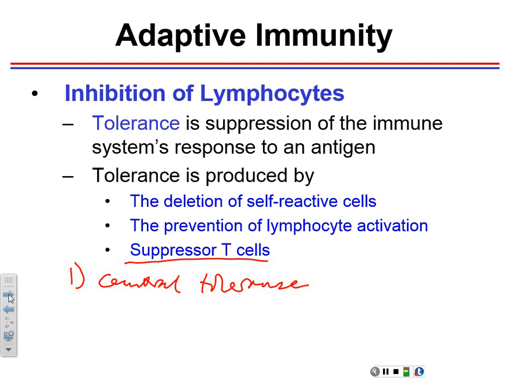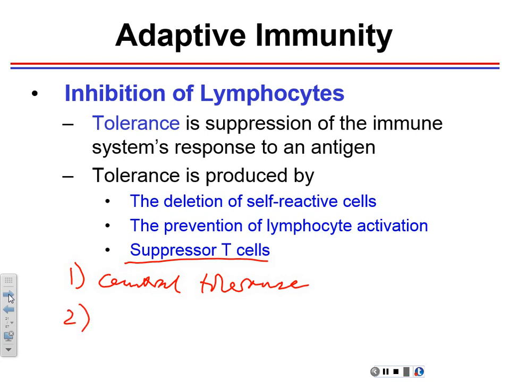So it's going to make mistakes, but the body will recognize those cells that might attack self-antigens and it will destroy them. Okay, so that's negative selection, right? That's occurring in the central, during production, like in the thymus where they mature, or in the red bone marrow, that is central.